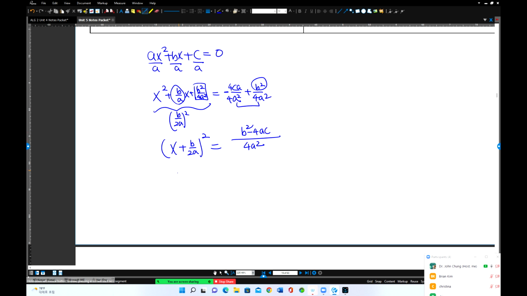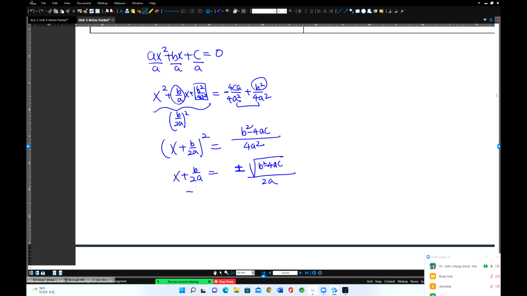Now square root: x plus b over 2a equals how much? Plus or minus square root of b squared minus 4 times ac over square root of 4a squared, how much? 2a, isn't it? Okay? But sometimes this one is what? Absolute value. We still have a plus or minus. It doesn't matter. Just 2a is okay too. That's why we don't need it, right? Absolute value of 2a, because we have a plus or minus.